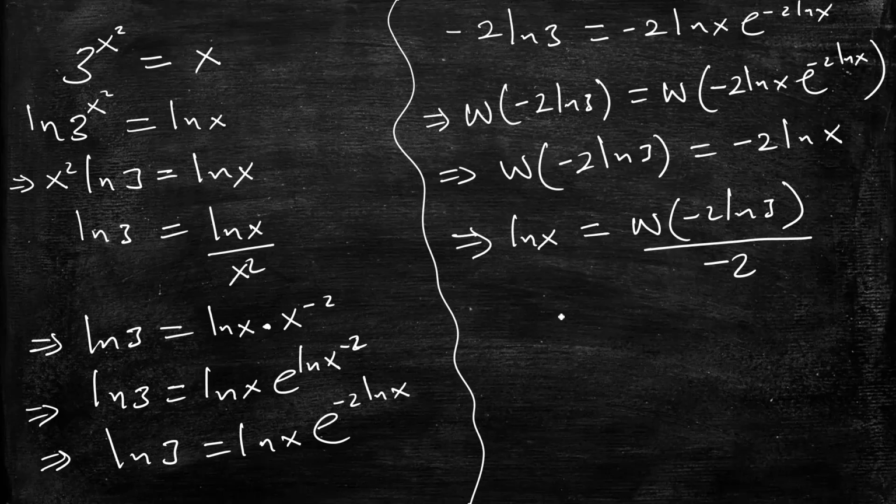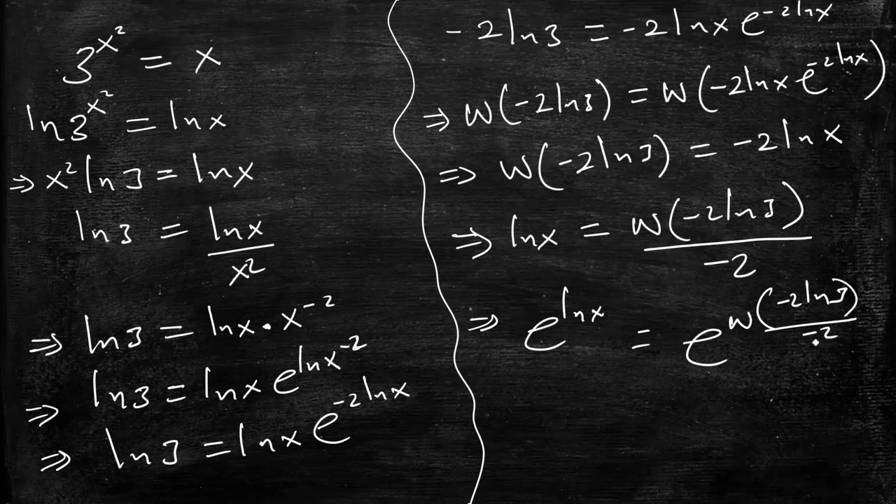Just as we said, e raised to ln of something is that thing. We can remove the ln here by taking e on both sides. So I'll raise both sides to e. So we have e raised to ln of x, and I'll do the same to this side, e raised to W over minus 2.